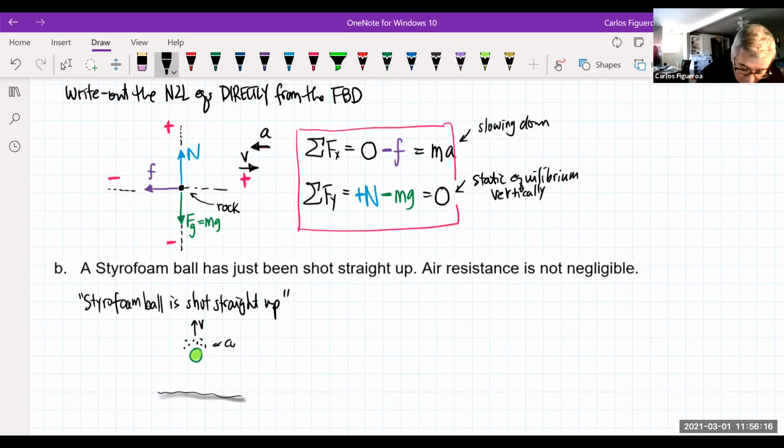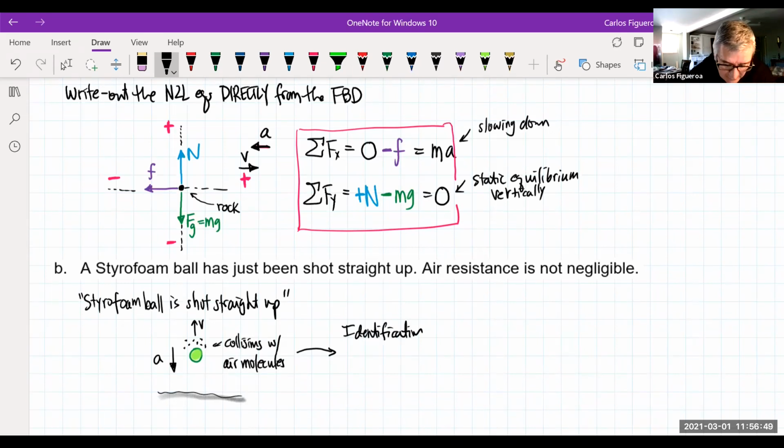So you're getting collisions with air molecules. That means I must be decelerating. Now I want to do some type of identification. What's really acting on that ball?